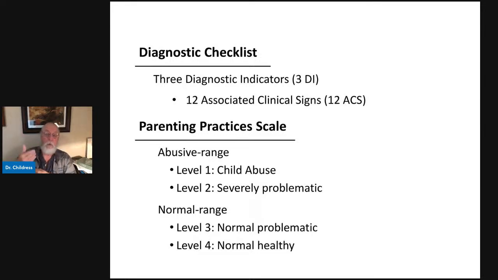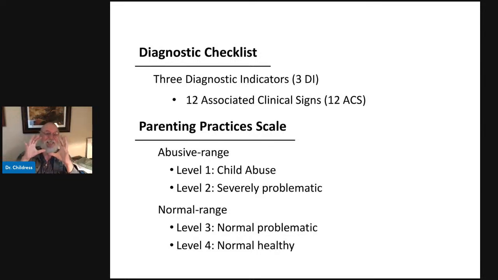Is the targeted parent abusing the child in some way, creating the child's attachment pathology towards that parent? If so, tell us how. And so there's 4 levels to the rating, to the checklist. The top 2, 1s and 2, would be considered abusive range. That's clearly child abuse, documented, maybe by CPS investigation or something, or severely problematic parenting.